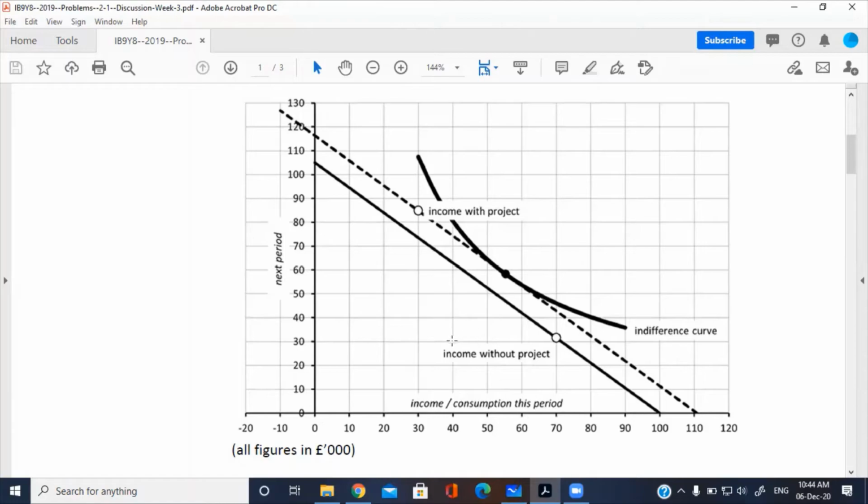Your optimal point is here, so in that case you are not borrowing, rather you are making savings to make your future consumption higher. Okay, have you got it?